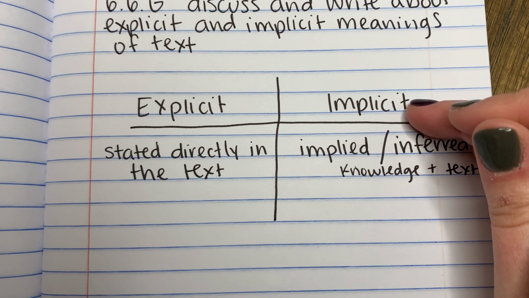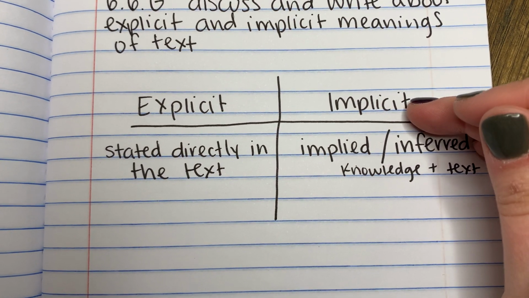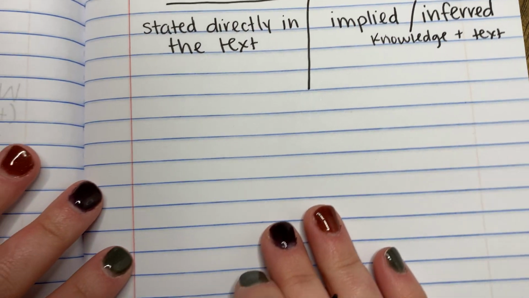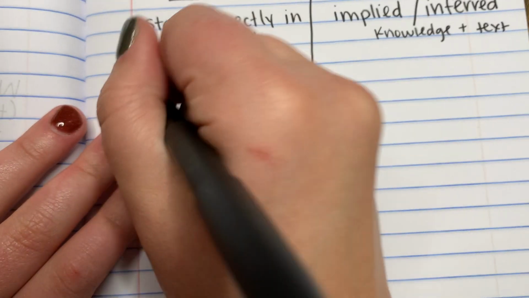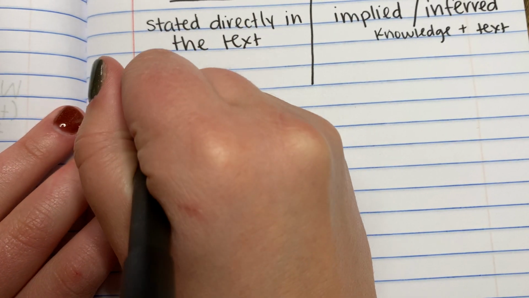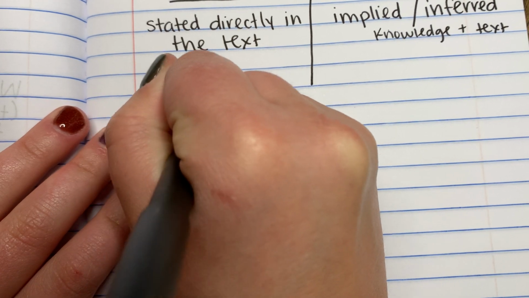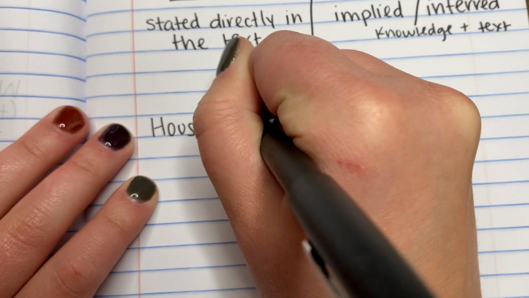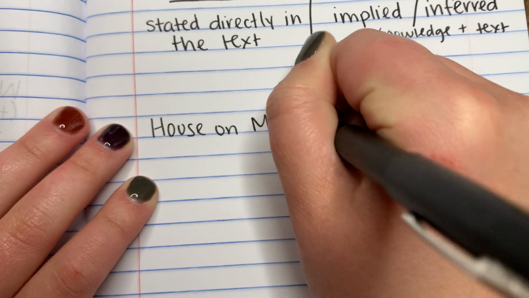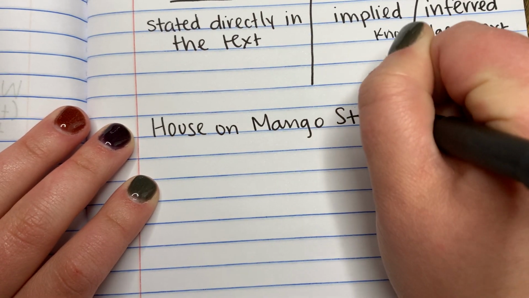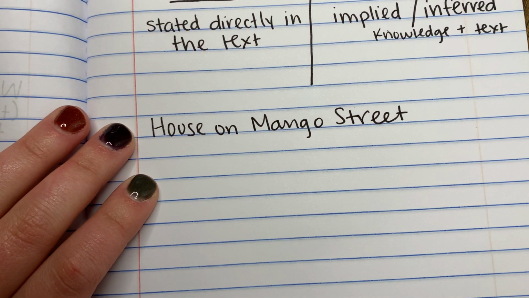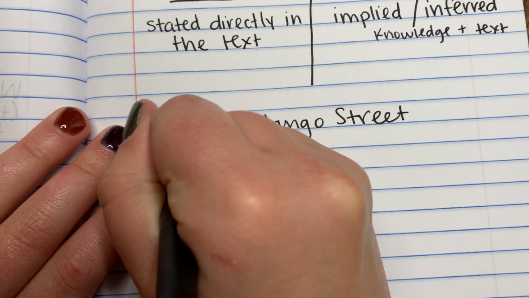So I want you to copy down this example, okay? This is from The House on Mango Street, and it's from the chapter Boys and Girls.